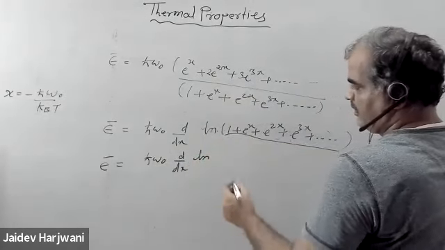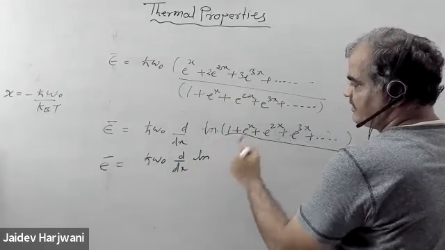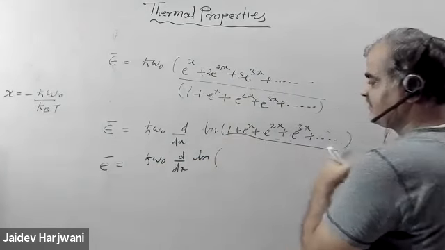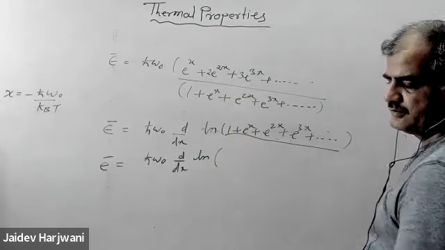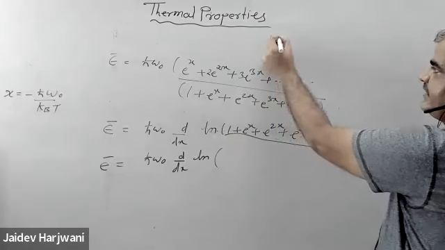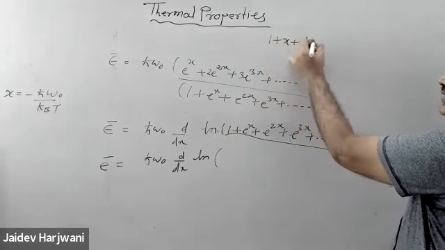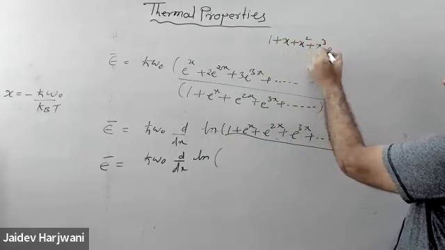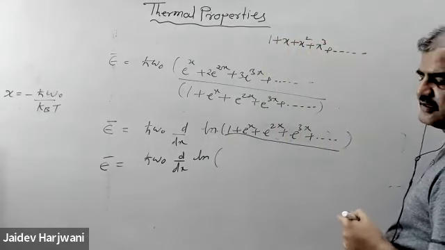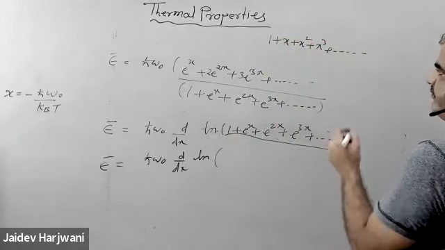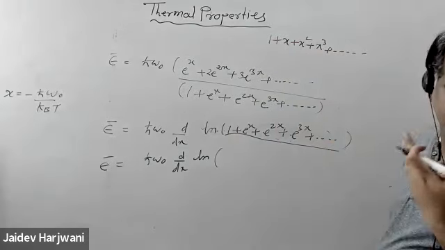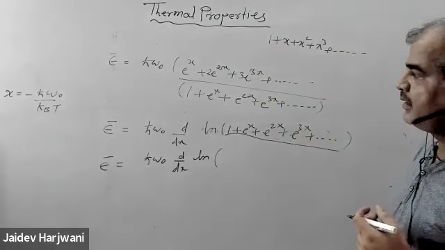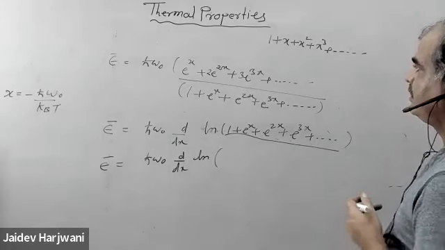What is the sum of this series? If you have 1 plus x plus x square plus x cube, what is the sum of this series? It is 1 upon 1 minus x.